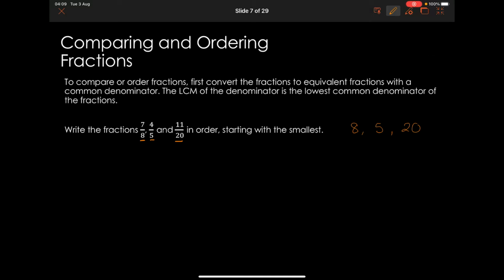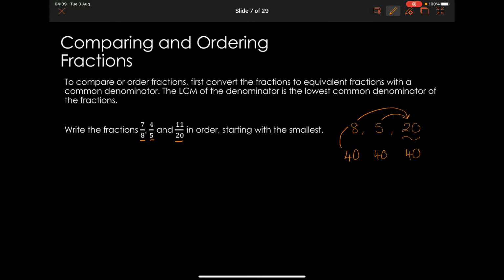So, yes, we know that 5s go into 20, but 8s don't go into 20, so we can't use 20. Now, this is why it's very important to know your multiplication tables, because what I do know is that all of these three numbers will go into 40, okay?